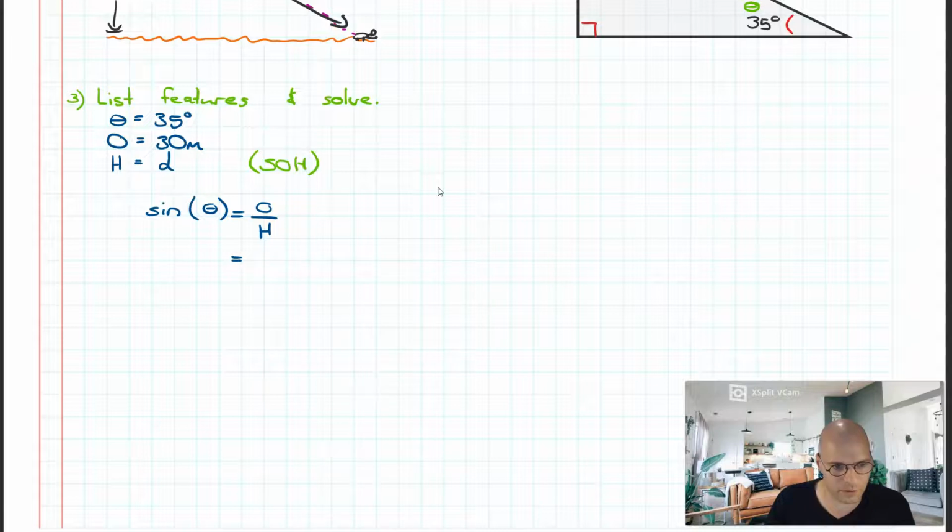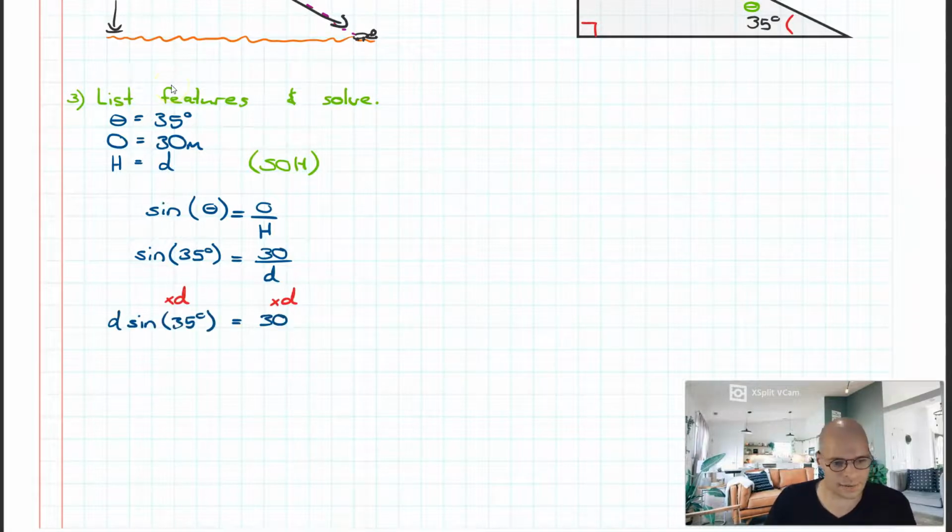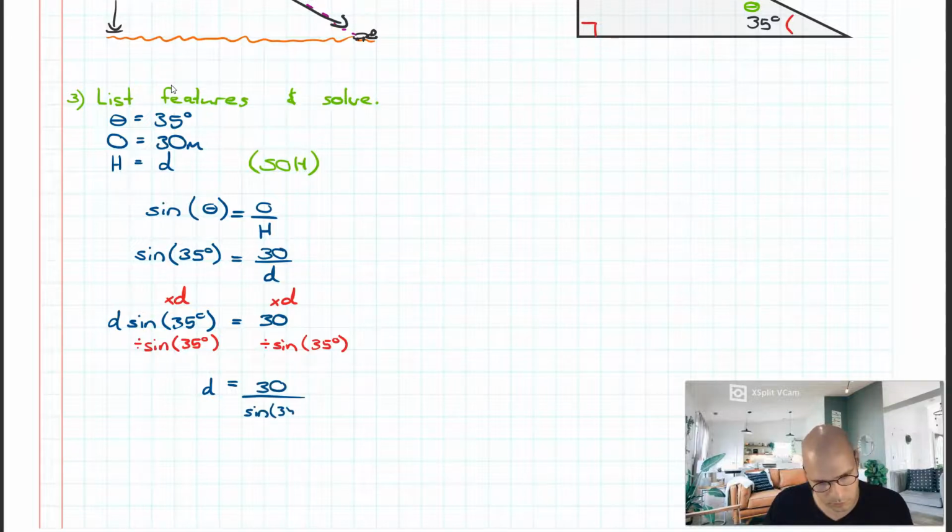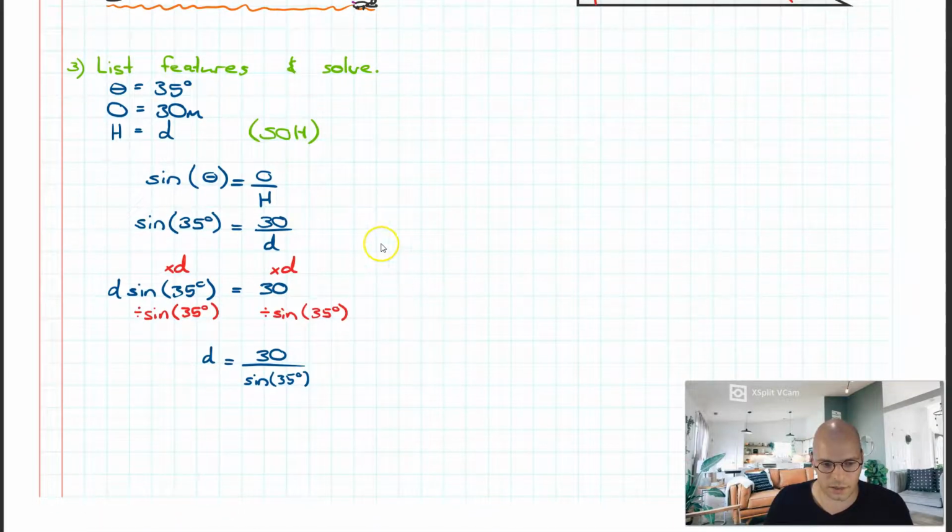I'm going to sub in the values, and then solve for the unknown. So I need to rearrange this. I want to solve for d, so I'm going to multiply both sides by d. And then I want to isolate d, so I'm going to divide both sides by sine 35. Thus, d is equal to 30 over sine 35 degrees.